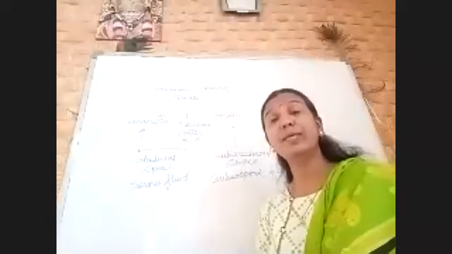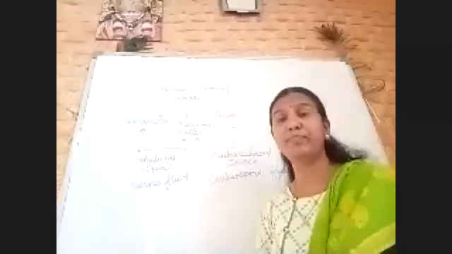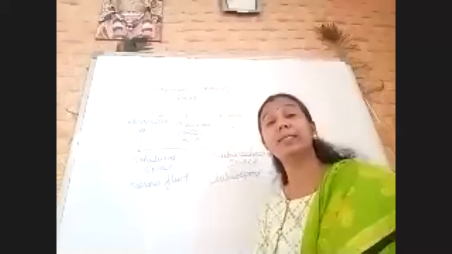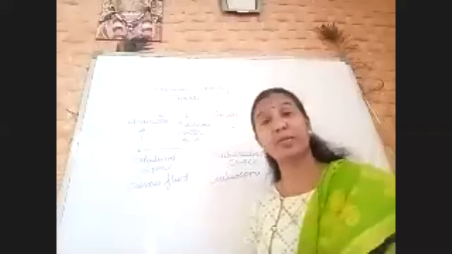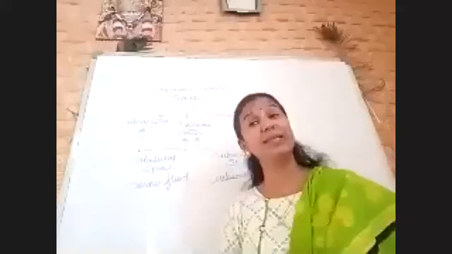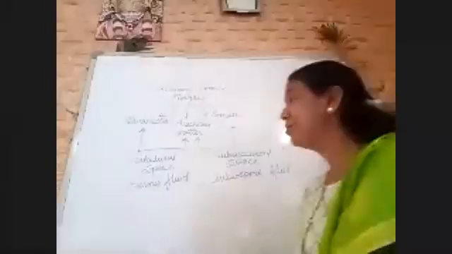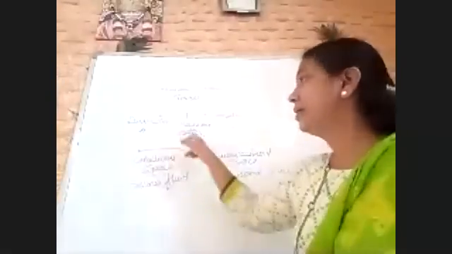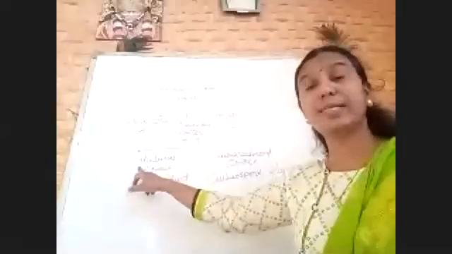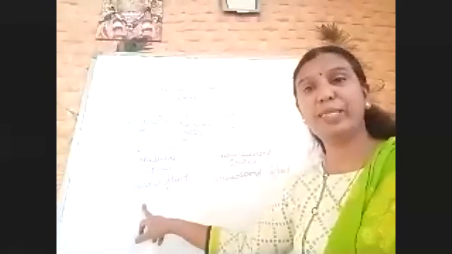And the innermost layer, which is attached to the brain and spinal cord, is the pia mater. This pia mater is made up of vascular tissue, meaning blood vessels are there, and it is very thin. It is nutritive. There is a space present between dura mater and arachnoid mater. That space is called the subdural space. In this subdural space, serous fluid is present.